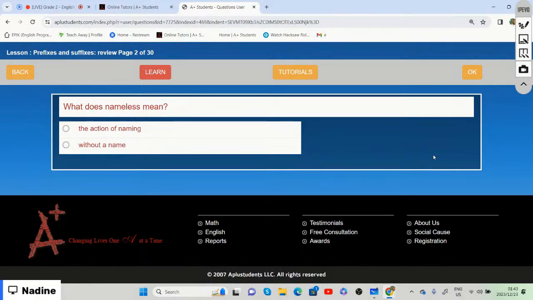Remember, we said that knowing the meaning of a suffix will help you to determine the meaning of the word.